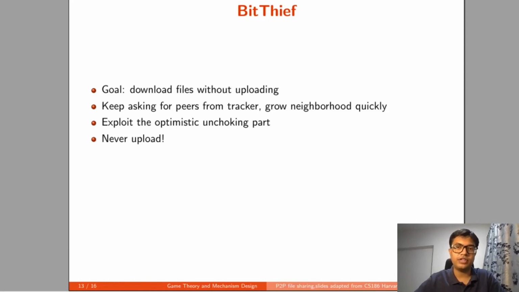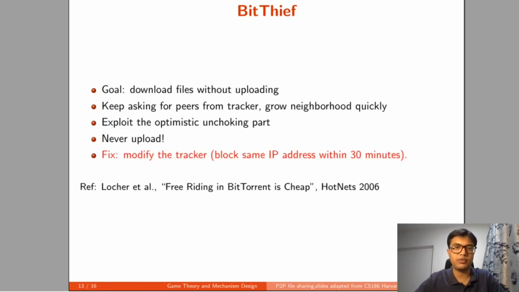And if your neighborhood grows very quickly, then you can exploit the optimistic unchoking part. Maybe you are unchoked by those new peers who don't really know you. They consider you a new peer and therefore optimistically unchoke you, and you can download the file that you are looking for, and you never upload.